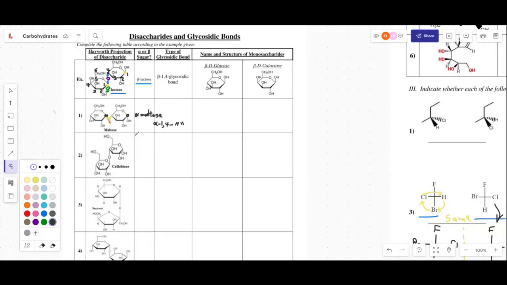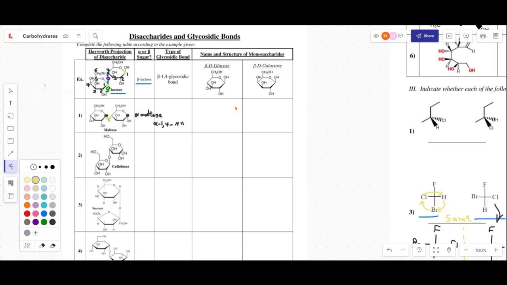Now, does maltose have a hemiacetal? Look at the two anomeric carbons, because only an anomeric carbon could potentially be a hemiacetal.